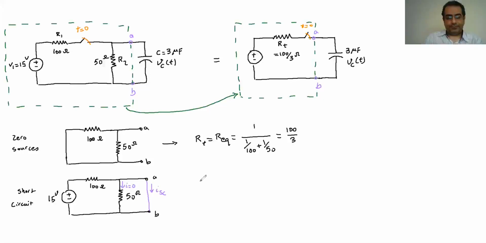So if I write it for this one, Ohm's law: V is going to be IR. The voltage we have is 15 volts, because that resistance is connected to this. So the voltage is 15 volts across that, the I is ISC, and the R is just 100 ohm.